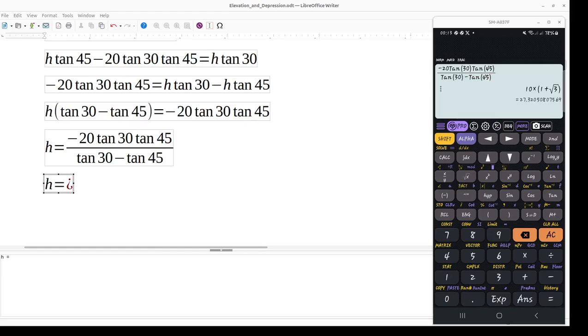And then there is the answer there, which is 27.3. The answer we are getting is 27.3. Let's just write it, 27.3. Yes, it's meters. And that was it on this tutorial. Stay tuned for more.